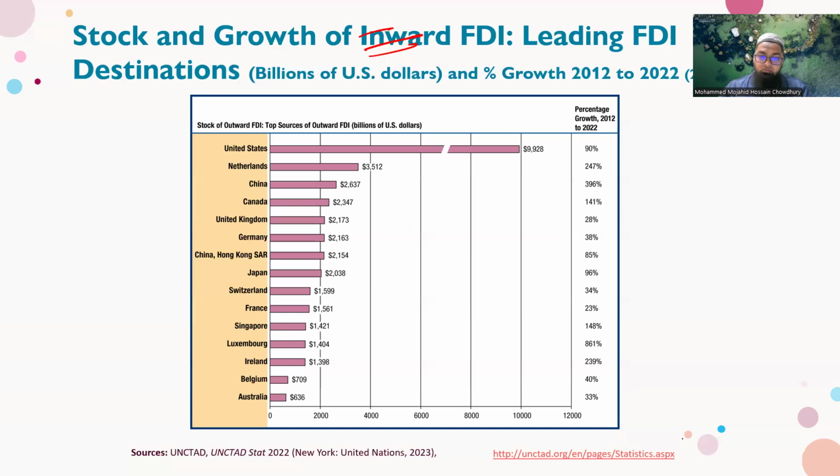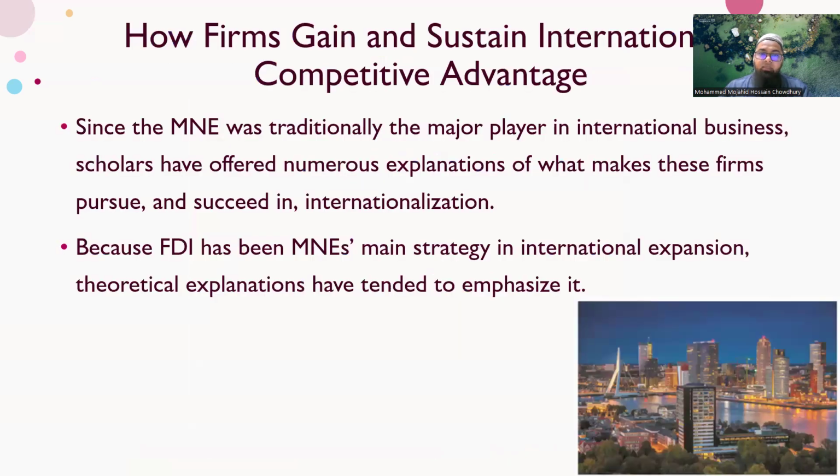Okay, so this is how firms gain and sustain international competitive advantage. Since the multinational enterprise was traditionally the major player in international business, scholars have offered numerous explanations of what makes these firms pursue and succeed in internationalization.